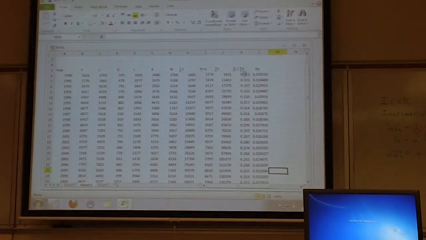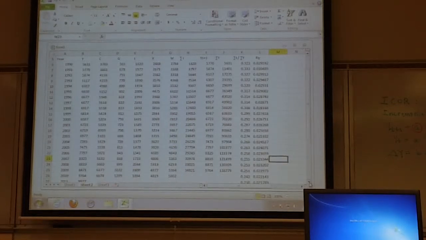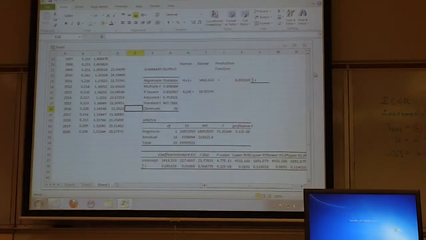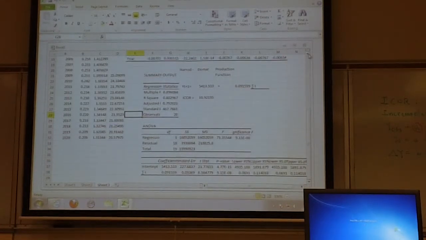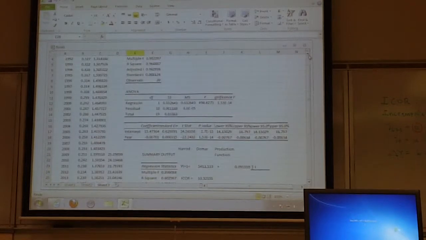So we took these shares over here, and we brought them over to the next page. We had it up to 2009. This is where we had it. Here's the share, black is 0.251, 2009.